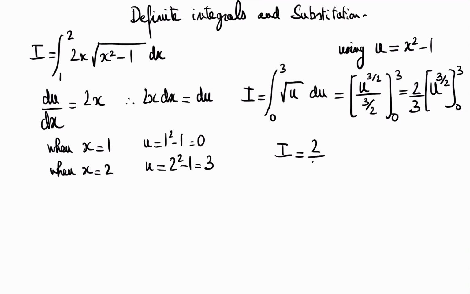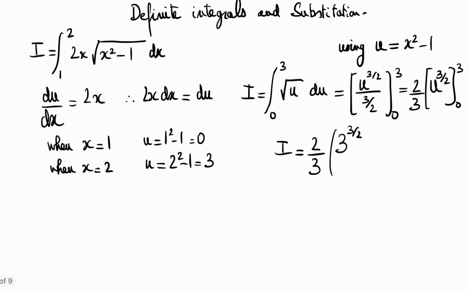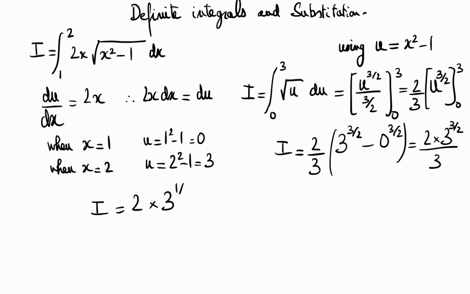So it's 2/3 of 3 to the power of 3 over 2, minus 0 to the power of 3 over 2. So that's 2 times 3 to the power of 3 over 2, over 3. We can simplify that a little bit. It's 2 times 3 to the power of 1/2. So it's 2 root 3.